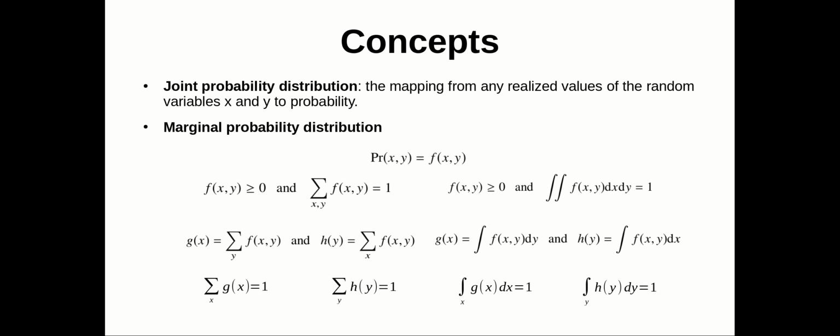In the literature or in textbooks, this kind of joint probability distribution is usually denoted like that. P(x, y), the joint probability of x and y, equals some kind of mapping f(x, y). This is called the joint distribution. We have two random variables, x and y, and they are taking on realized values, small x and small y.